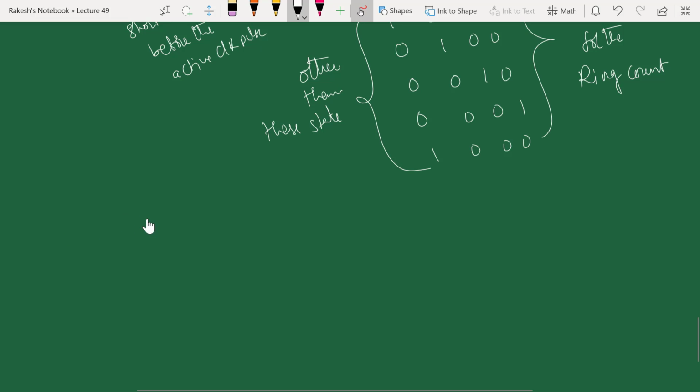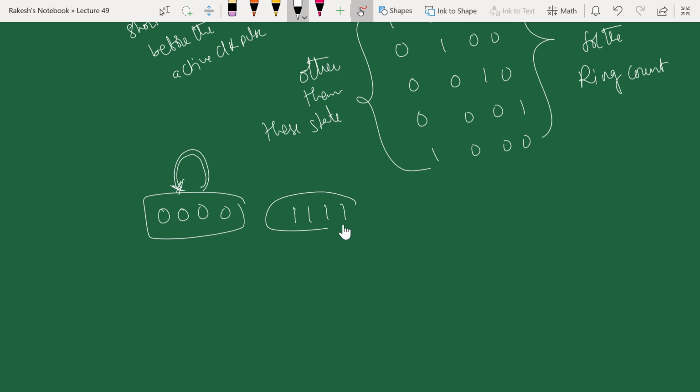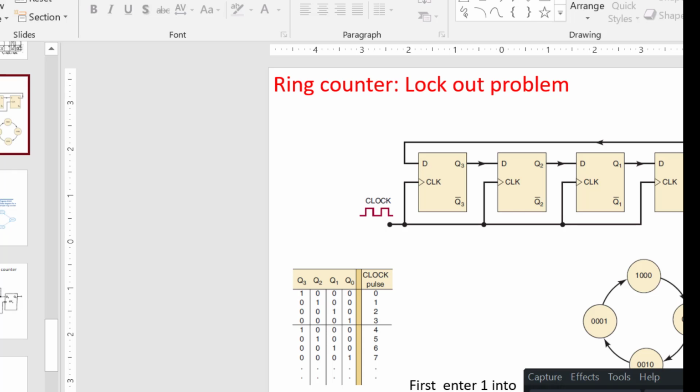Let's take if the counter goes to the all 0 state, it will be circulated within itself. That means all zeros to all zeros forever. Similarly, all ones also will be circulated within itself, all ones again and again. So we'll verify this first, then we'll see the other possible combinations of lockout.